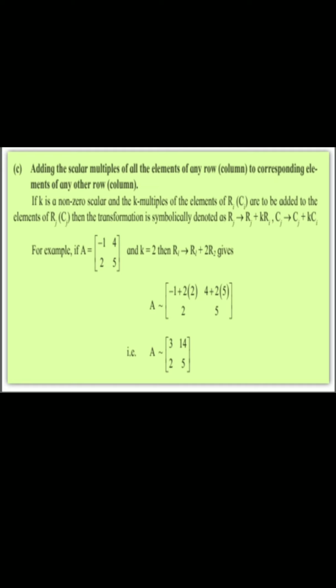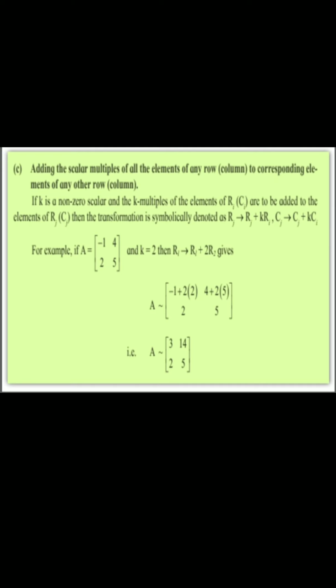We see an example. If matrix A is equal to -1, 4, 2, 5 and k is equal to 2, then first row R1 interchange to R1 plus 2 times R2. Matrix A is equivalent to first row -1 plus 2 times 2, 4 plus 2 times 5, and second row 2, 5.